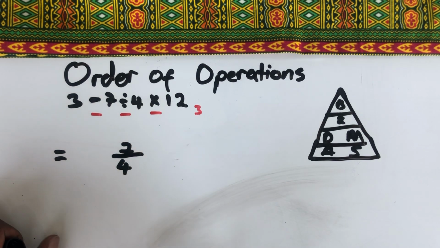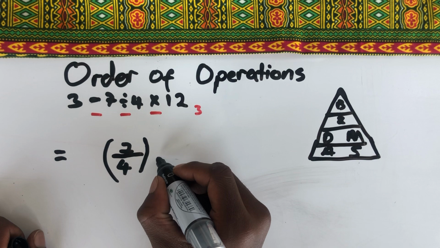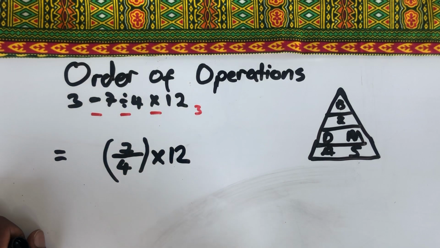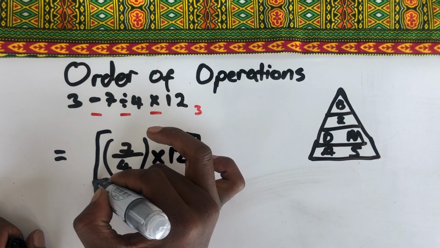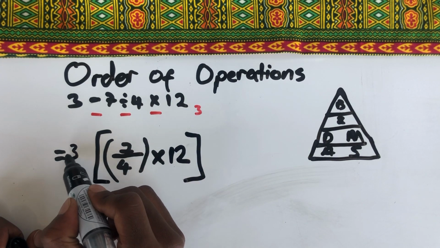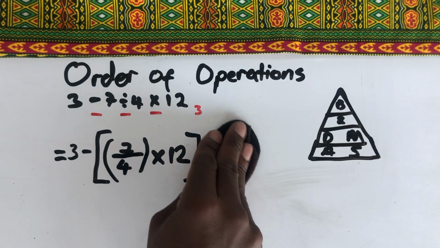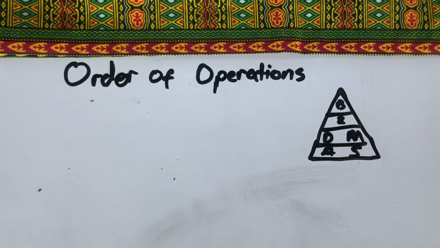That is the first thing that we're going to do. And then we're going to say multiplied by 12. And then what we get from here, we're going to say 3 minus that answer to get the simplified expression. I hope that makes sense to you all.